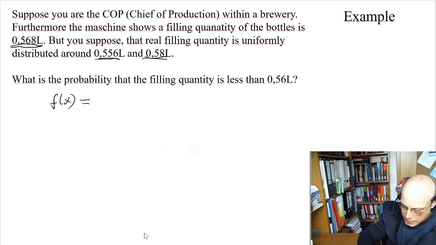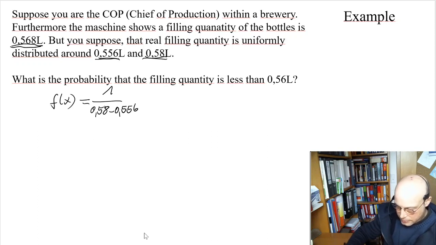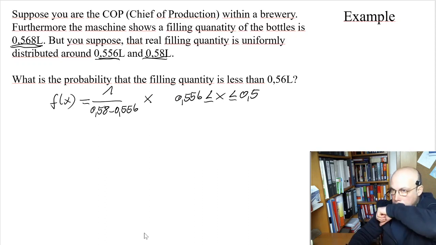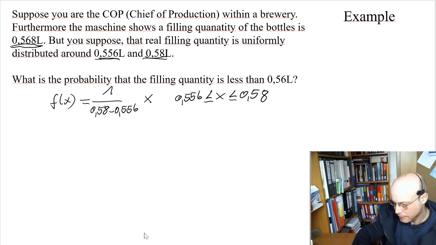So this would be 1 over (0.58 minus 0.556) times x, for 0.556 lower or equal x lower or equal 0.58, and of course 0 otherwise.